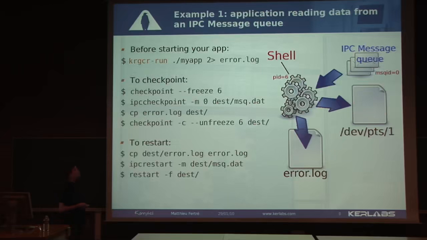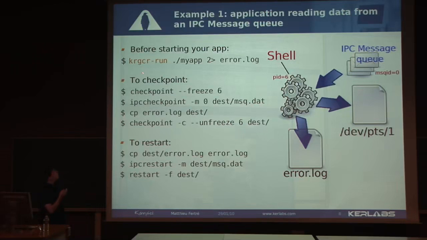Okay, so before starting your application in Kerrighed, you will need to inform the kernel that it will be an application that will be checkpointable. If you don't do that, we have no way to know that this is an application, and the result will be to checkpoint the whole system, and you don't want to do that.